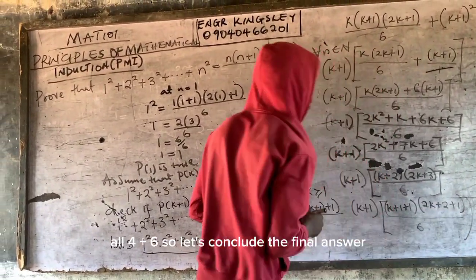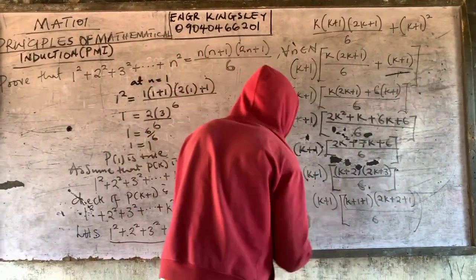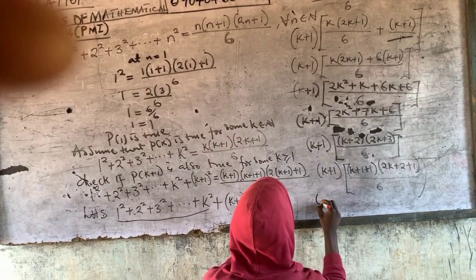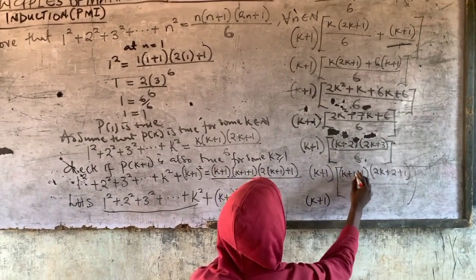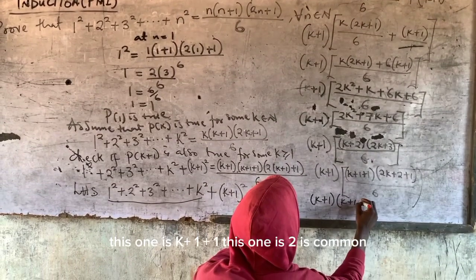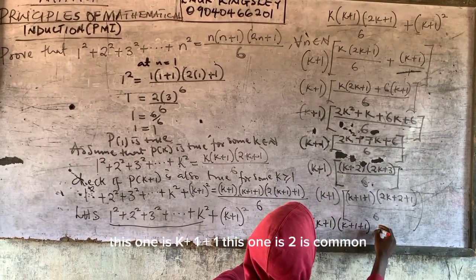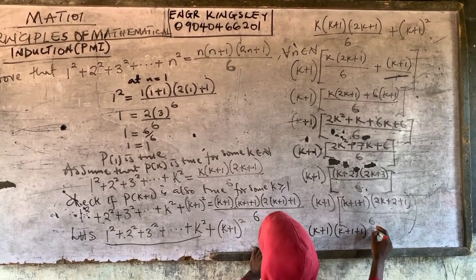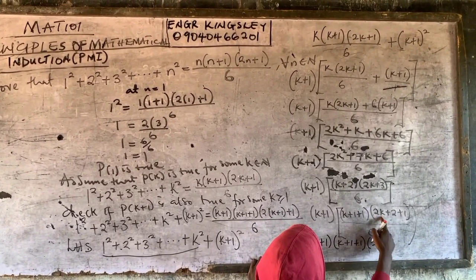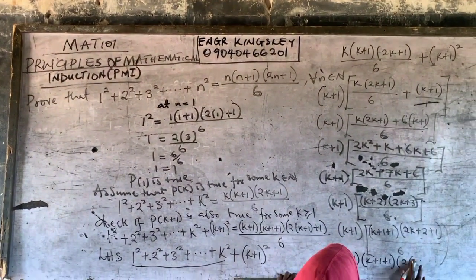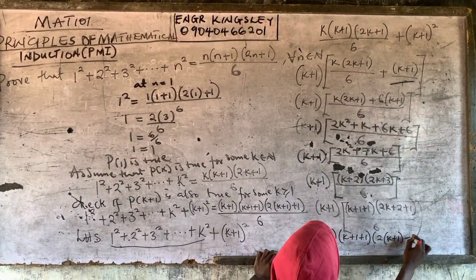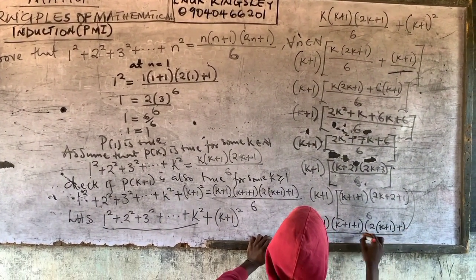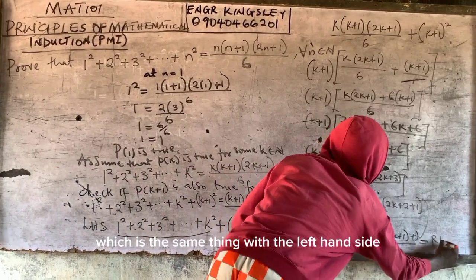So let's conclude the final answer by multiplying the bracket. We have here k plus 1, this one is k plus 1 plus 1, and this one is 2 is common, factor 2 out. Now factor 2 out. We'll be having here remaining to be 2, k plus 1, then plus 1, all over 6, which is the same thing with the right-hand side.